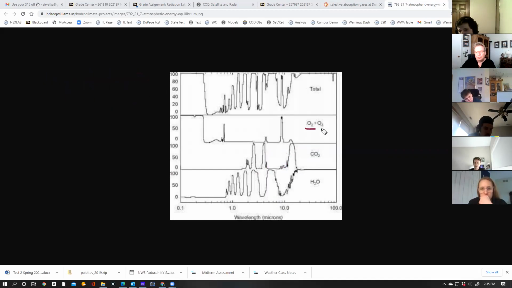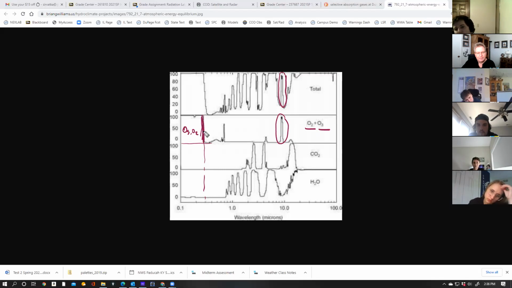Now, let's look at this one. This is O2 and O3. I have a little spike here, and that spike lines up with this. But notice under here, do you see that O3 and O2 absorb almost everything under this wavelength?